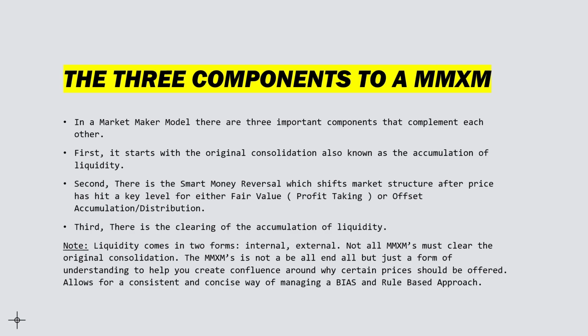What is the internal liquidity? It could be in the form of lows inside of a range, or it could be a SIBI or a BISI, which is an inefficiency inside the range. So they're looking to rebalance, or to take liquidity inside of a range to stop more people out, to squeeze more positions out, to accumulate more positions inside of the range so they could take it right back where it came from.